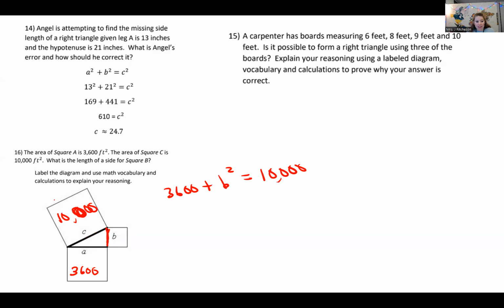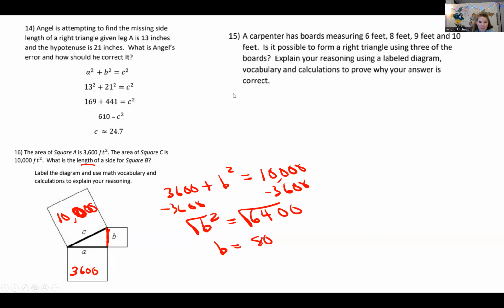Because it's already squared, it's the area. So we're going to subtract 3,600 from both sides. So B squared would equal 6,400. And when we find the square root of both sides, the square root of 6,400 is 80. So the length of B is 80. If it asks what is the area of square B, the area would be 6,400.